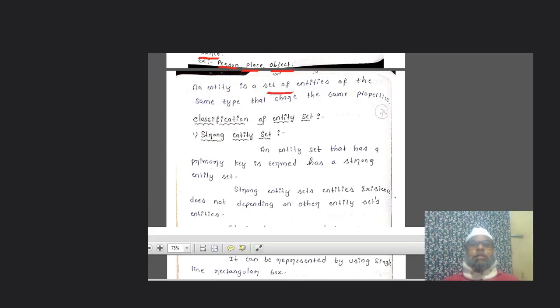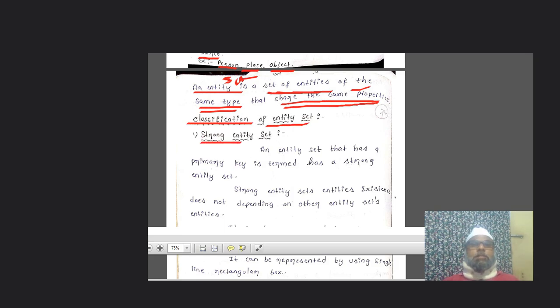A collection or set of entities of the same type that share the same properties is known as an entity set. Entity sets are classified into two types: strong entity sets and weak entity sets.